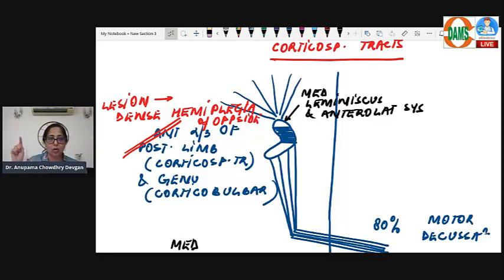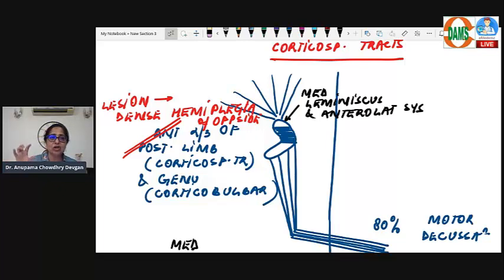What is corticobulbar? Cortex to bulb. Bulb is medulla. There are cranial nerve nuclei in the medulla. So corticobulbar, like the 12th nerve nucleus, which is present in the medulla. Now, corticospinal is in the anterior two-thirds of the posterior limb, and the genu is corticobulbar.